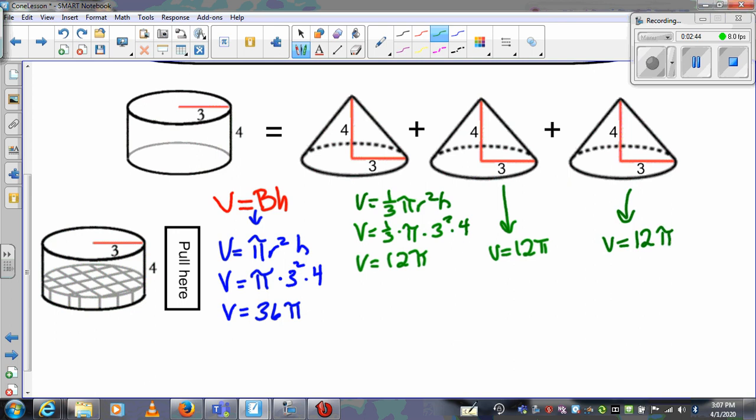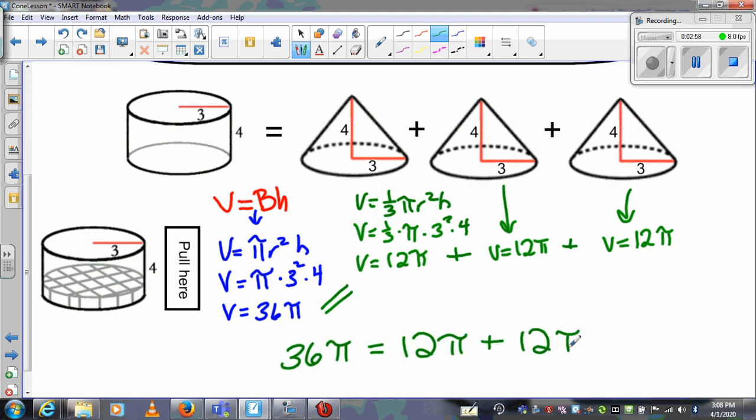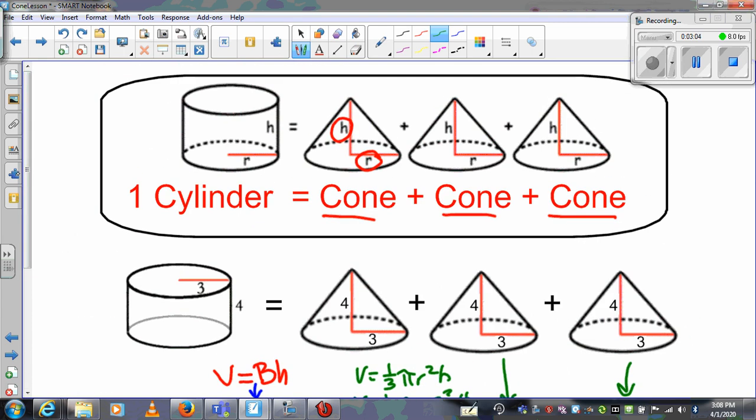Well, guess what we get when we add 12 pi plus 12 pi plus 12 pi? You got it. We get 36 pi. 36 pi is equal to 12 pi plus 12 pi plus 12 pi. So the big thing that you need to know here is that a cylinder is equal to 3 cones.